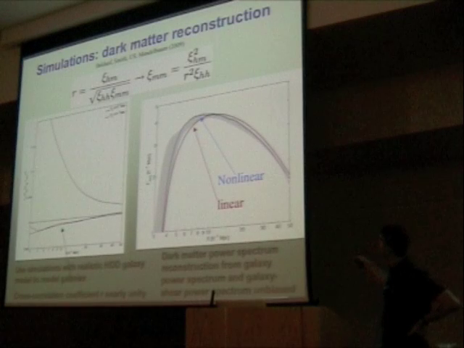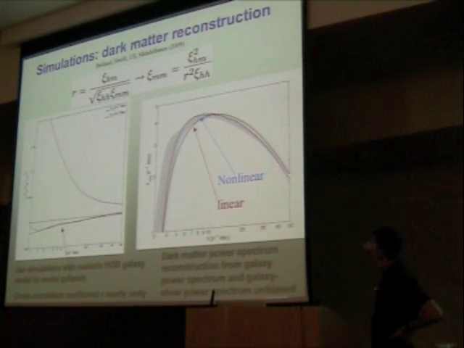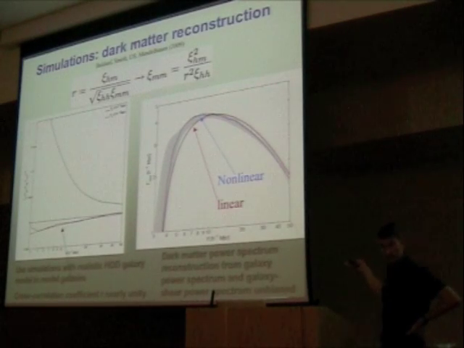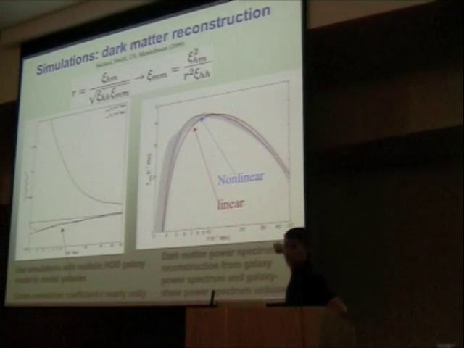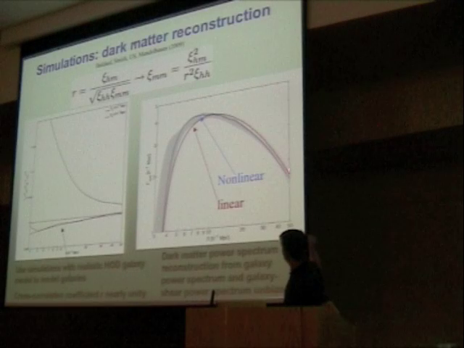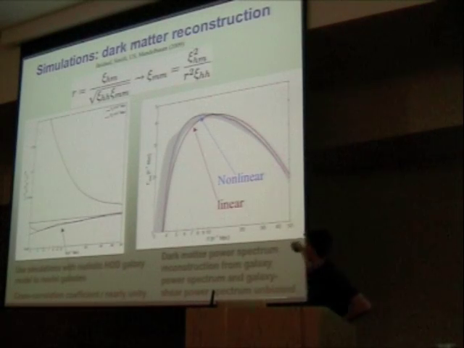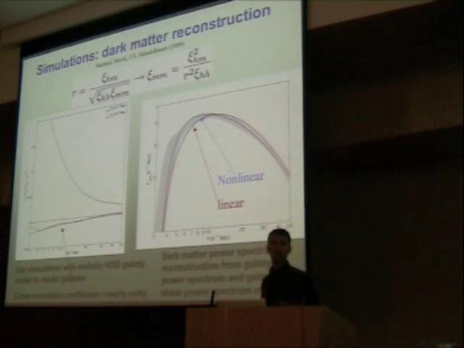So we tried this on the simulations, and the dashed line is the simulation result, and blue is the nonlinear prediction. As you can see, the simulations and nonlinear predictions agree very well for the power spectrum. You can see also that the linear power spectrum is not in good agreement. In other words, we have nonlinear effects here that we have to include using N-body simulations.